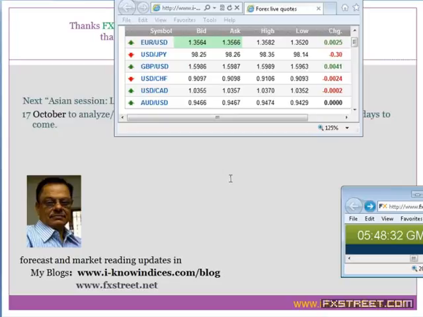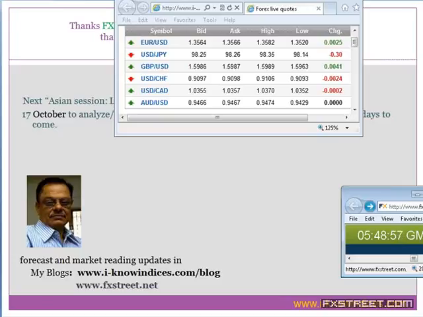Is GBP USD in a bearish or a bullish state? Okay. As far as I am concerned, I don't develop a sentiment as bullish or bearish, because a drop of 30, 40 or 60 pips, or a gain of 30, 40 or 60 pips, is not bullish or bearish. Even a 200 pip drop. It is a question only of the type of moves they have done in order to reverse.